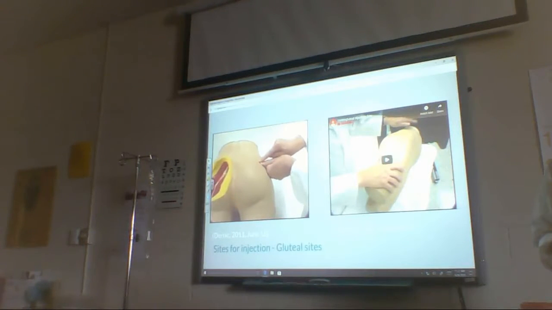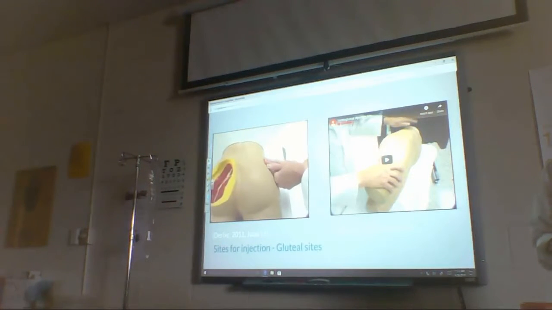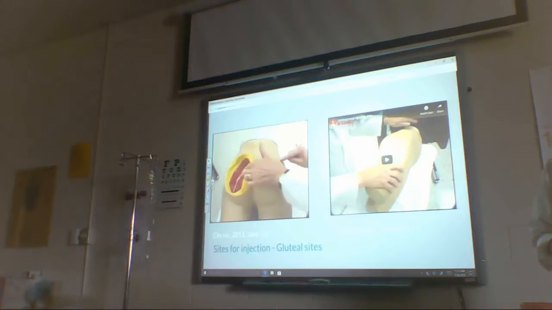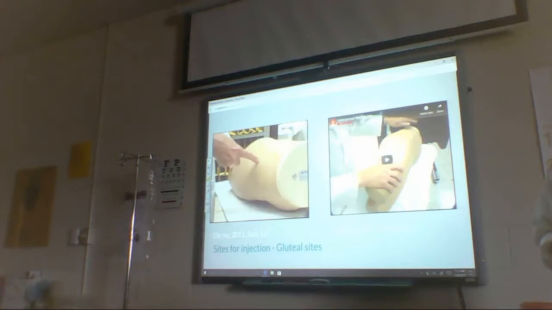Locate injection site above imaginary line drawn between the two bony landmarks This site will prevent injury to the sciatic nerve. Inject medication into dorsogluteal site at 90-degree angle.